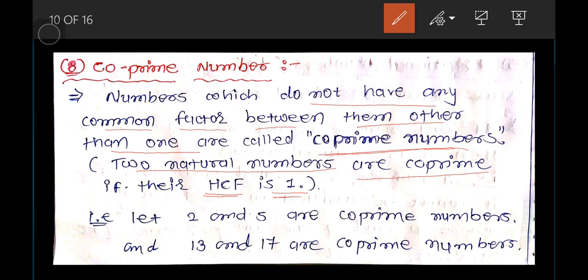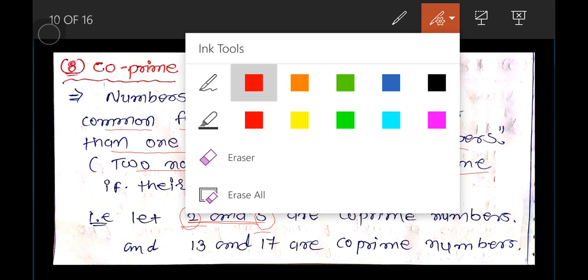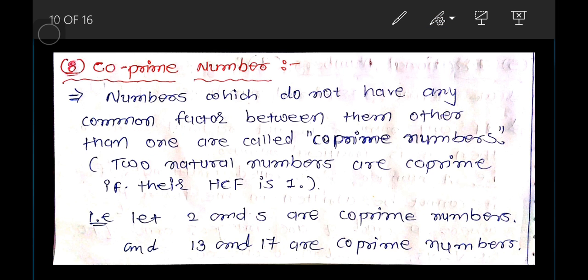So let us understand by example. Here, 2 and 5 are given, and we want to say whether these are coprime or not. From 2 and 5, you can see that there is no common factor other than 1. You can find only 1. If you want to factorize the number 2, we know that 2 is equal to 1 multiplied by 2.